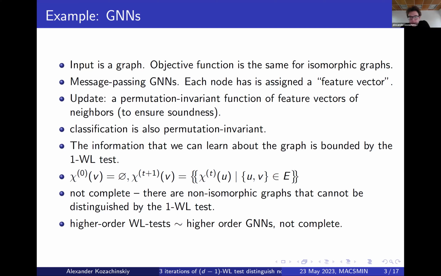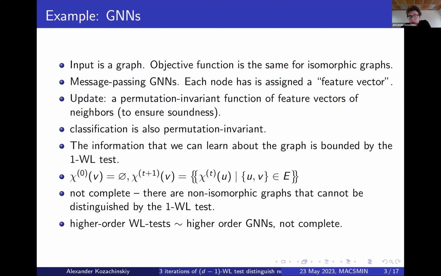There are non-isomorphic graphs such that message passing graph neural networks will behave in the same way on them. The reason is that there exists what's called the Weisfeiler Lehman test on graphs, which basically answers when, for two graphs, we can in principle obtain a message passing graph neural network which distinguishes them.